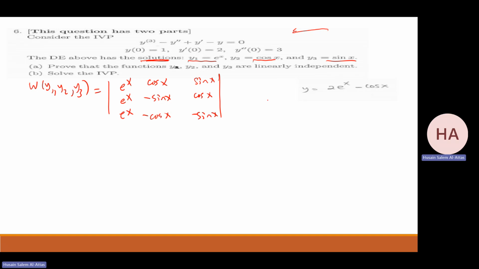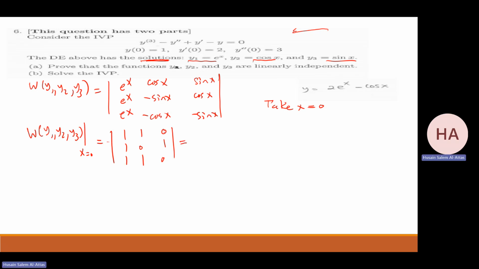So I will take x equals 0. So the Wronskian of y1, y2, y3 at x equals 0 will be what? 1, 1, 1. Cosine 0 is 1, 0, 1. That will be 0, 1, 0.